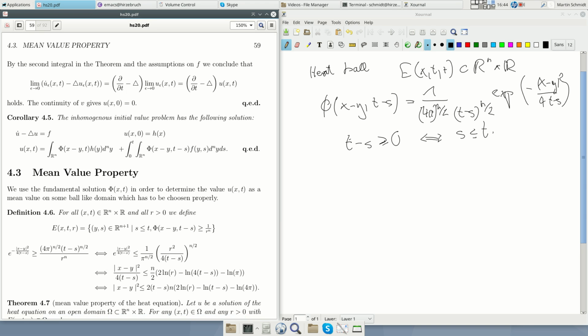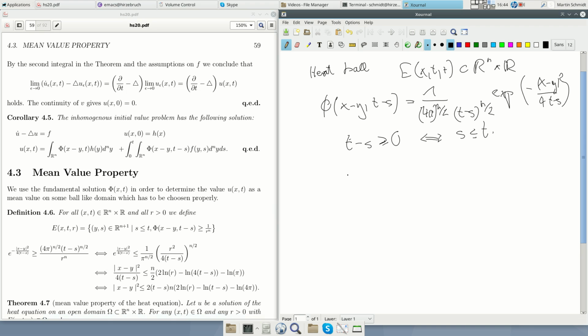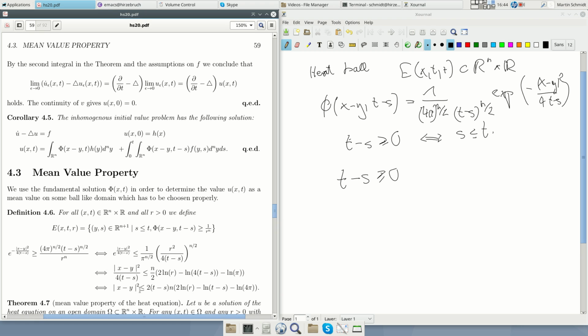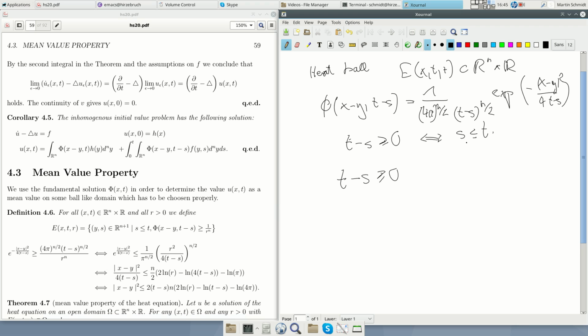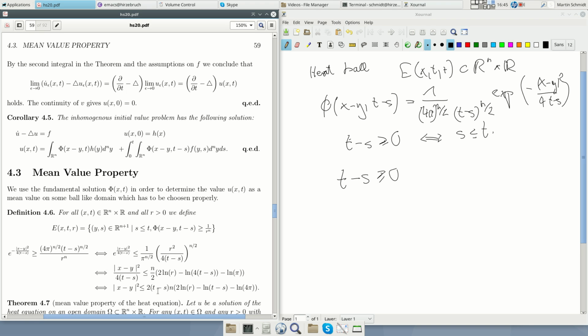Now let's draw this heat ball. We know that s is smaller than t, so t minus s is larger or equal to 0. In the limit that s goes to t from below, where does this function go to?